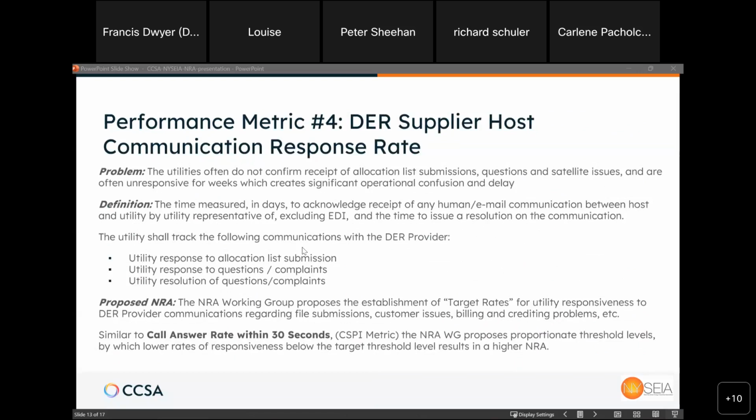There might be a misunderstanding as to whether the message then was received by the host. Would the host have to send back a confirmation that they received the message, so that the loop could be closed and the utility would have all the data to calculate the metric?